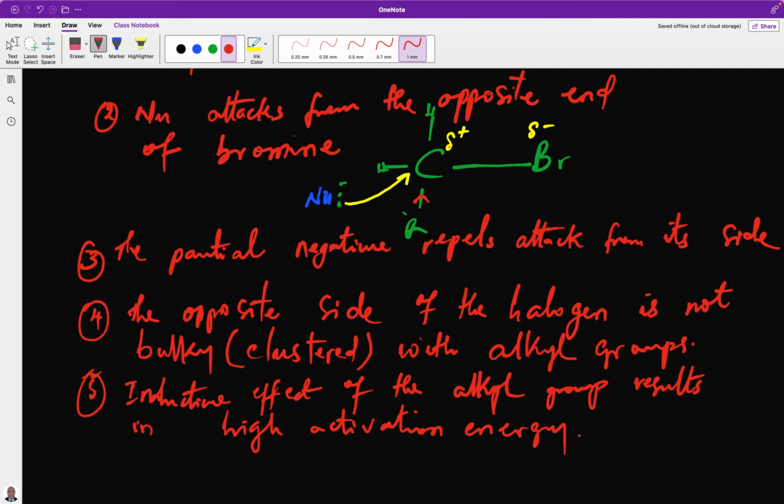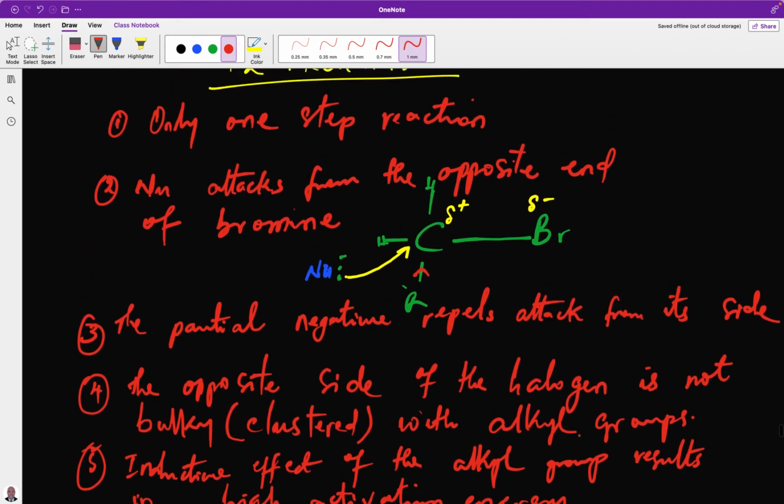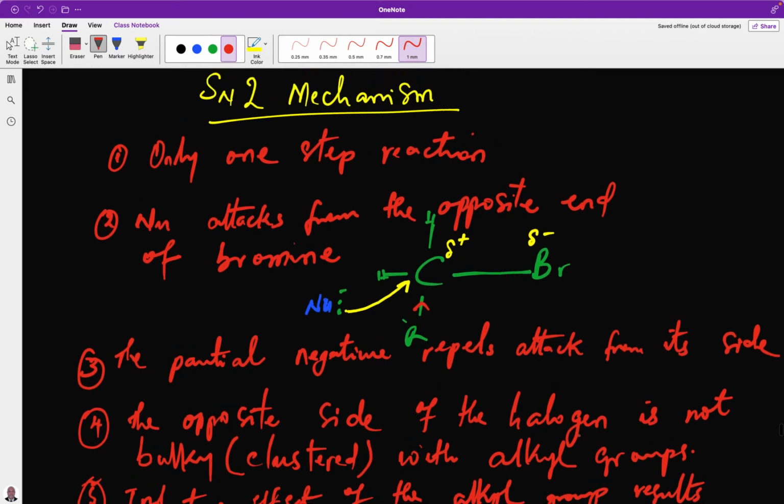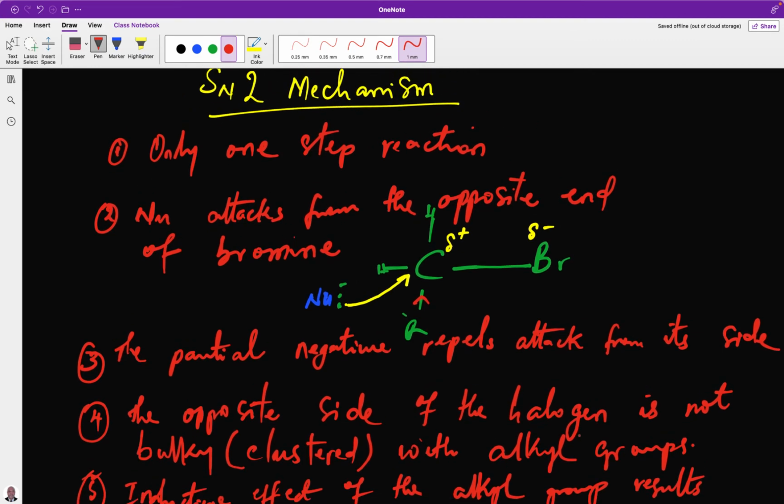So, a recap of this one. I said in the Sn2 mechanism, there's only one step in this mechanism. Why did I say there's only one step?